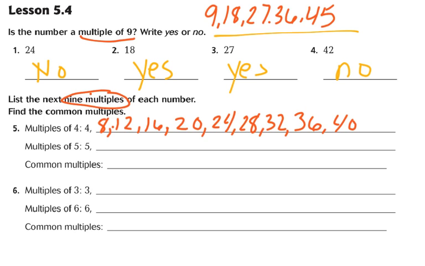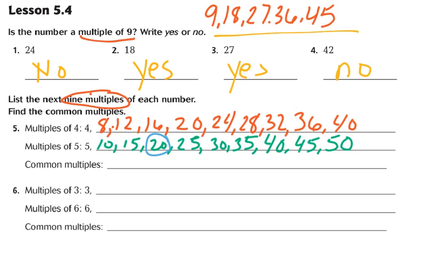Multiples of 5: 5, 10, 15, 20, 25, 30, 35, 40, 45, 50. Now it says, what are their common multiples? Well, what do they have in common? 20 and 40.